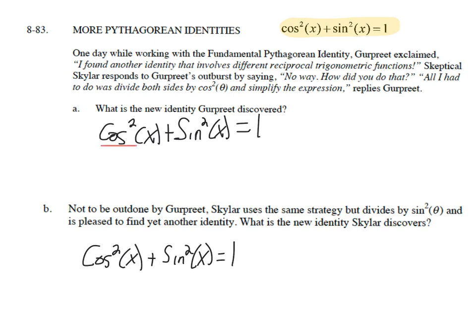Let's divide both sides by cosine squared x. It doesn't really matter if we use x or theta.